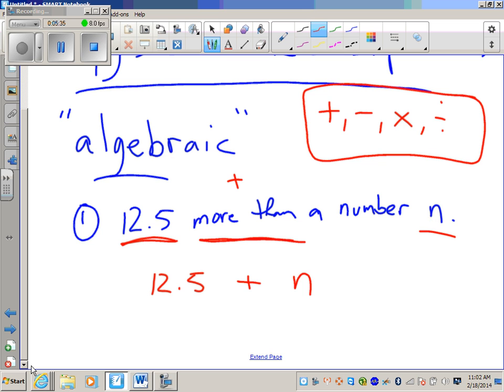Does it matter? Is 4 plus 6 equal to 6 plus 4? Okay. Yes, but we need to try to be a little bit consistent. Does this look like 12.5 more than n? Or does this look like 12.5 more than n?